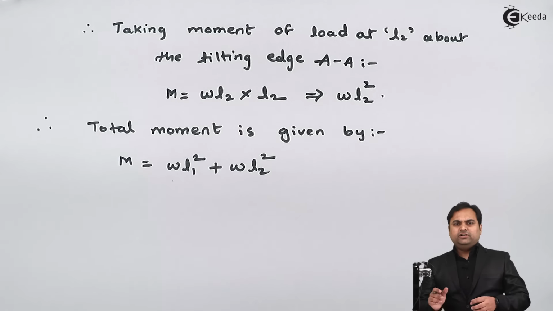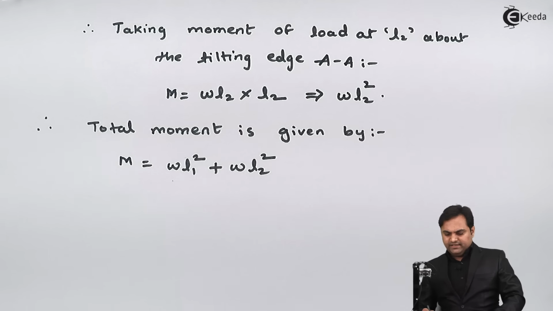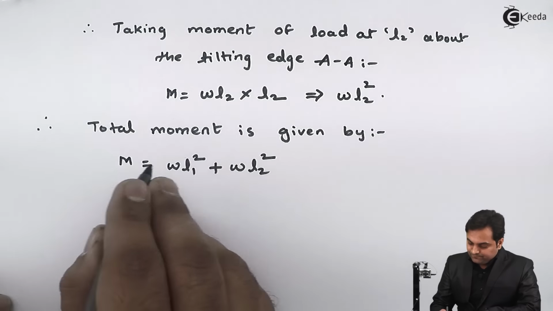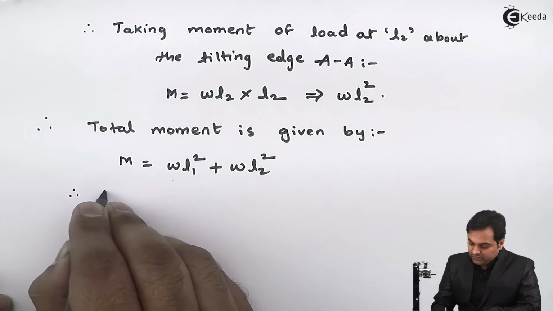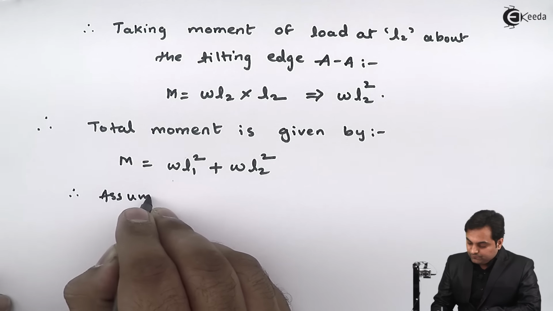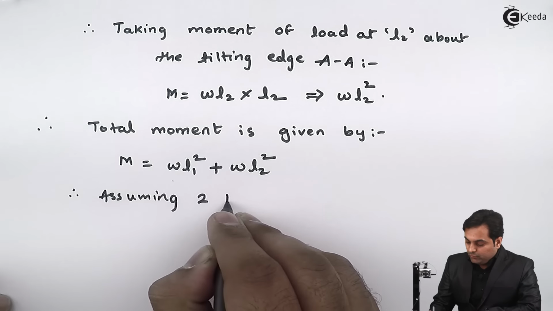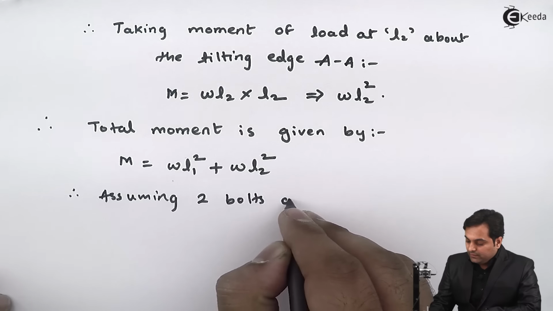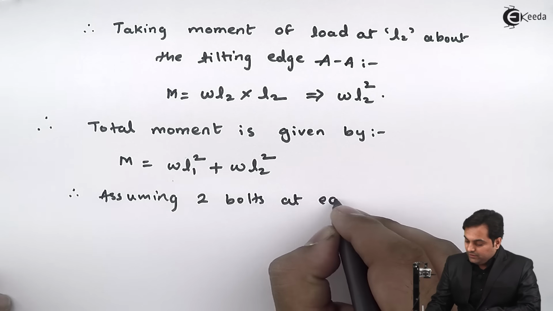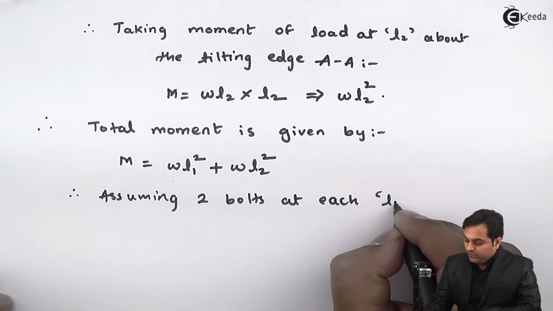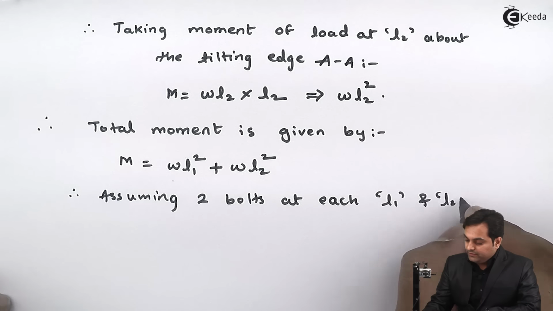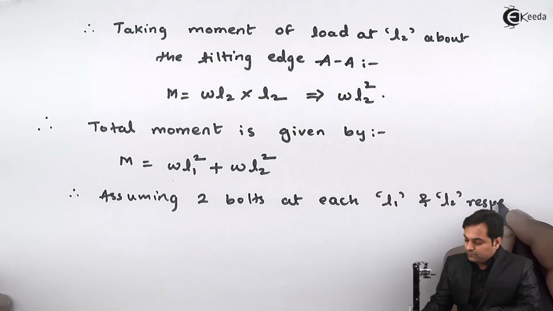But suppose if there are two bolts, I'll take the example that therefore assuming 2 bolts at each L1 and L2 respectively.